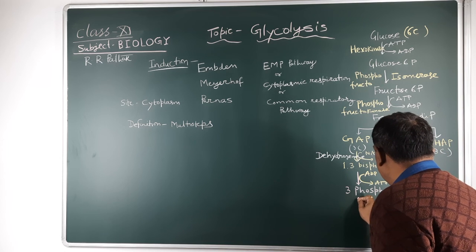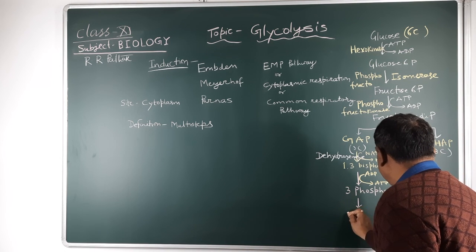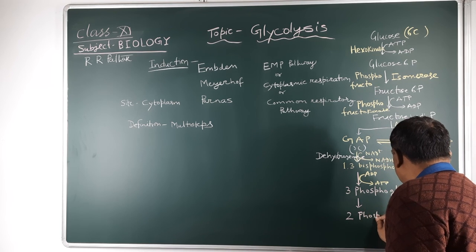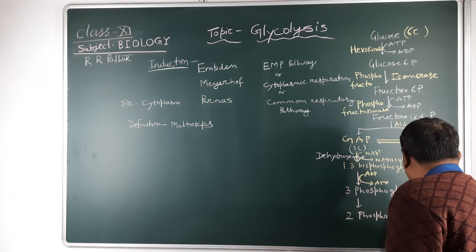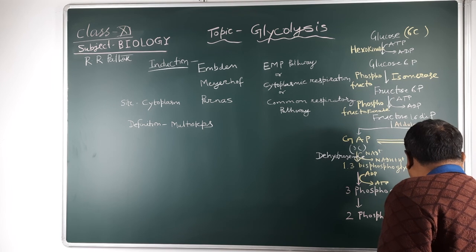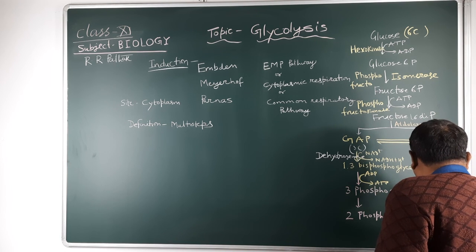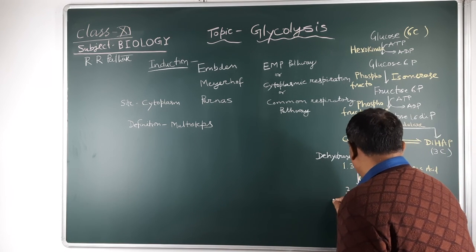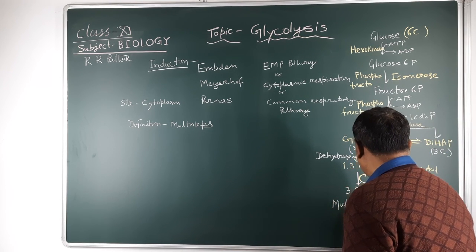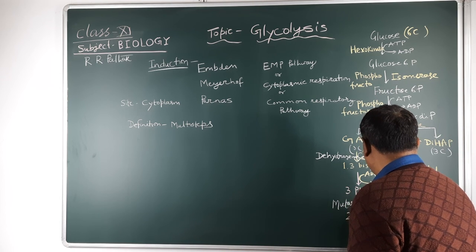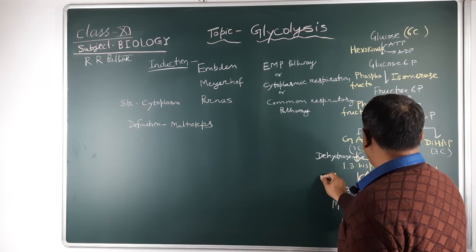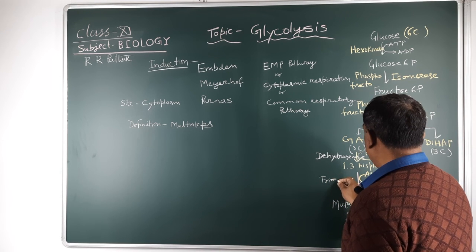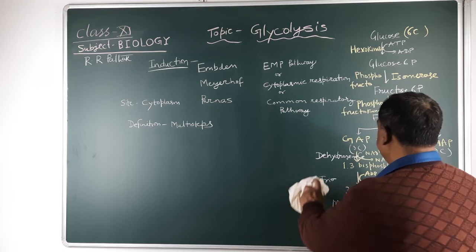Further, 3 phosphoglyceric acid is converted into 2 phosphoglyceric acid, in presence of enzyme mutase, or PGA kinase.